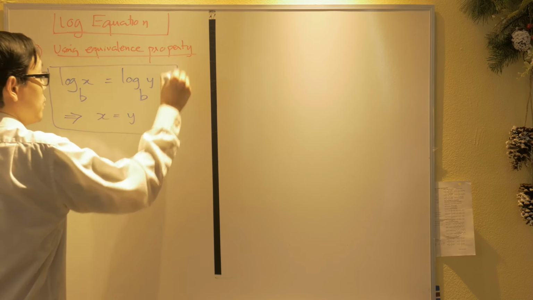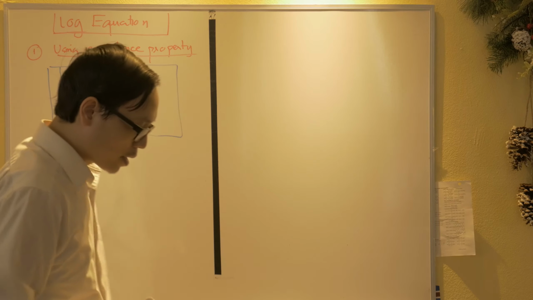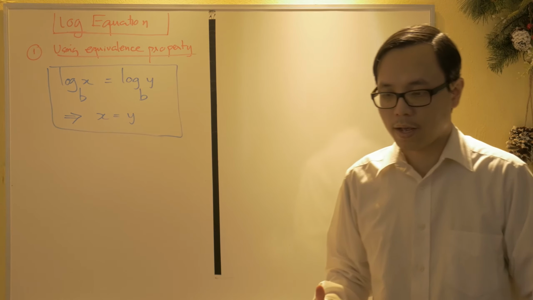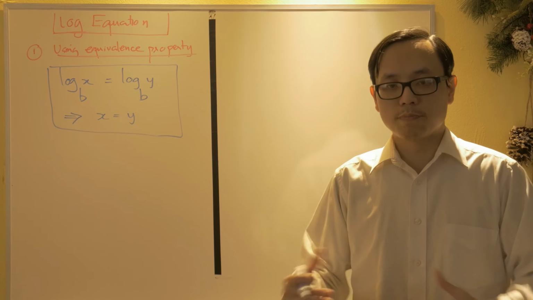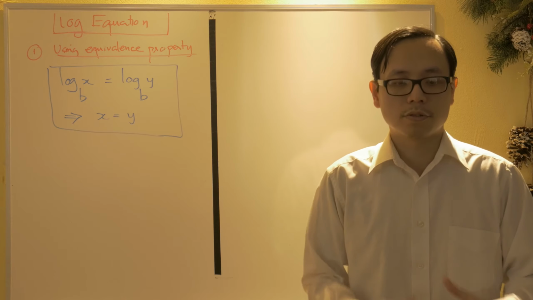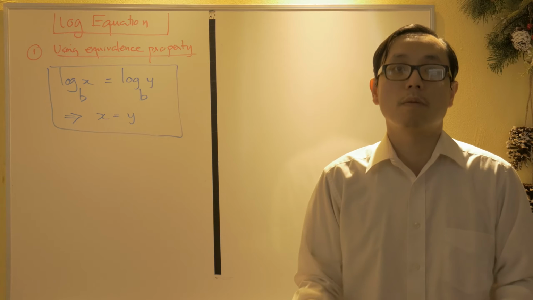This is the equivalence property. The equation could be very hard at the beginning. However, you need to bring it back to this form, or to a form where you can apply the log principle.